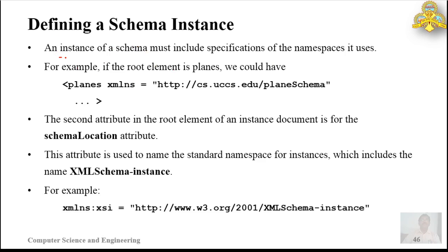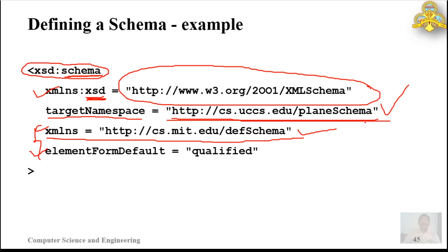So an instance of the schema must include specifications of the namespace it uses. For example, here XMLNS is the namespace for the root element planes, that is from the specified URI. So this URI is provided with the specification here in the previous example, that is the target namespace.